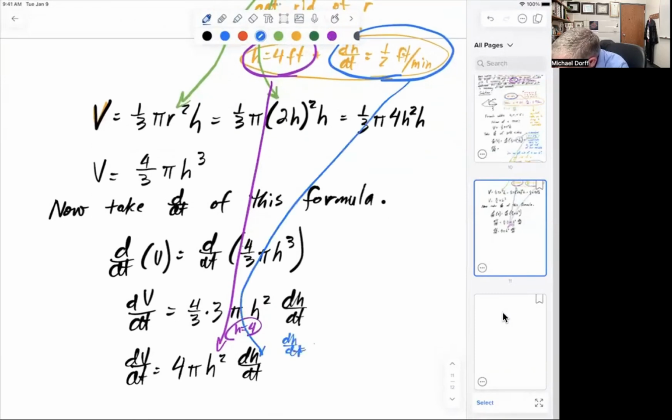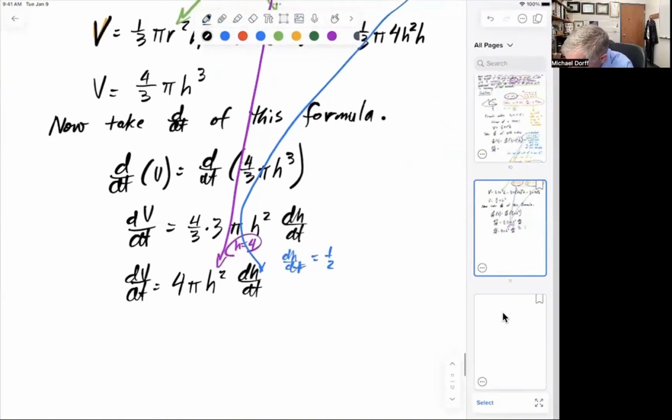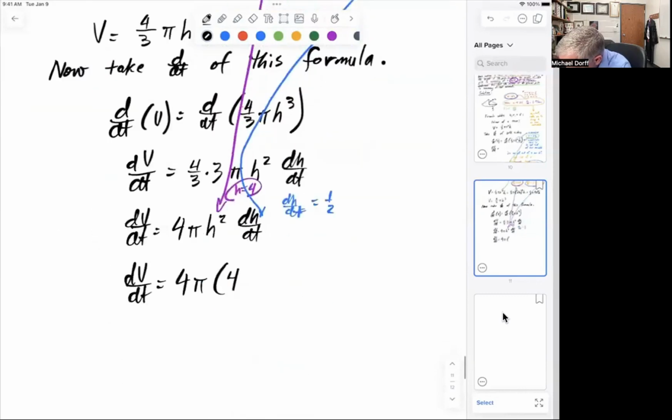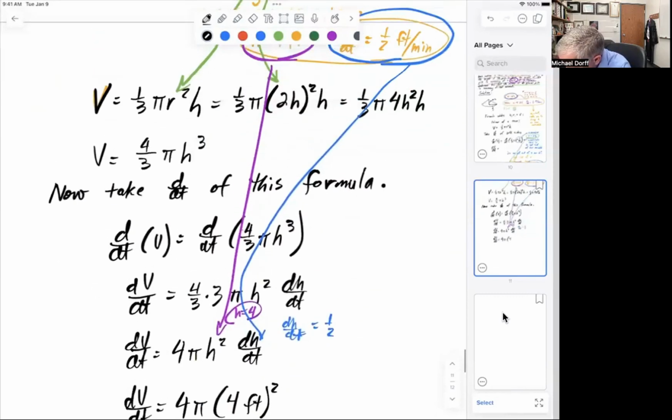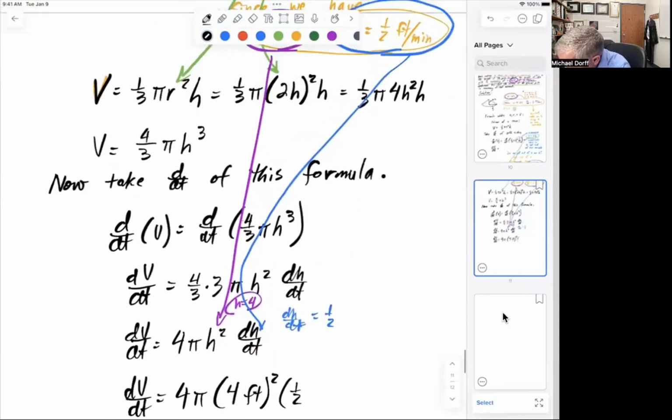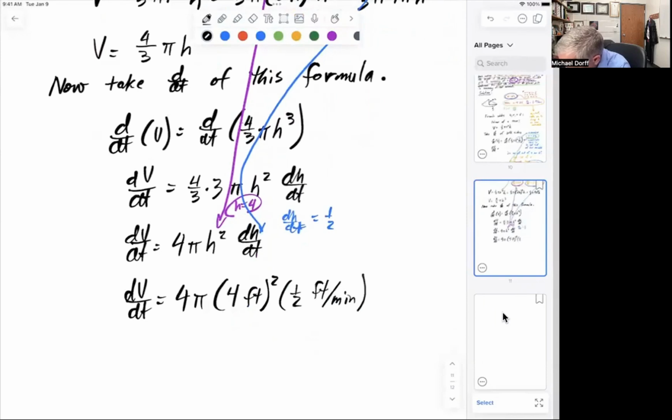So doing that, we get dV/dt equals 4 pi times 4 squared, and my units there were feet squared, and then I have my dh/dt, which was 1/2 feet per minute. Then dV/dt is 4 pi times 16 feet squared times 1/2 feet per minute.